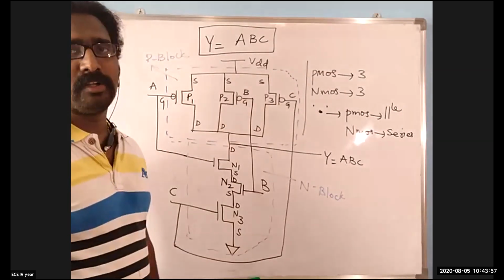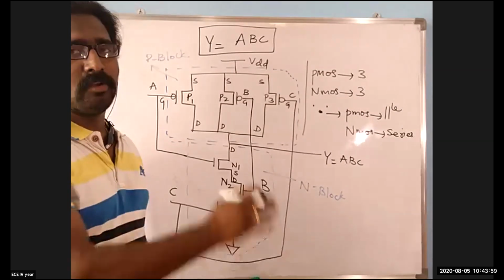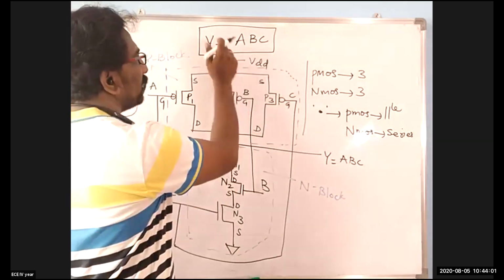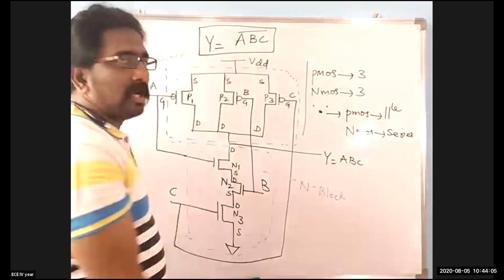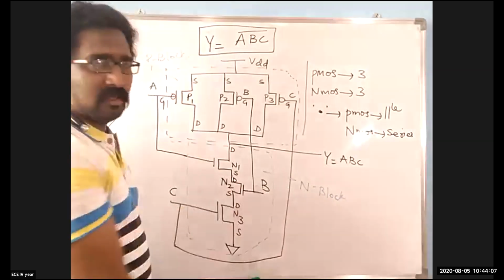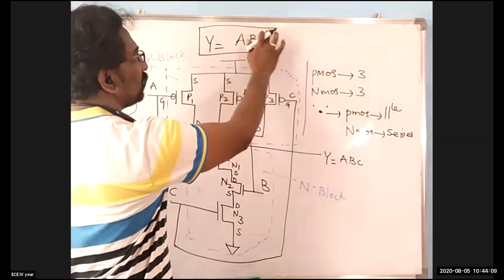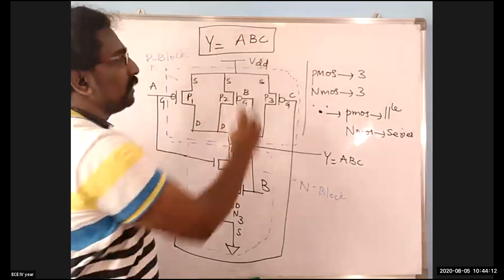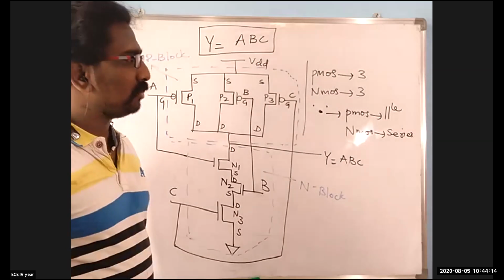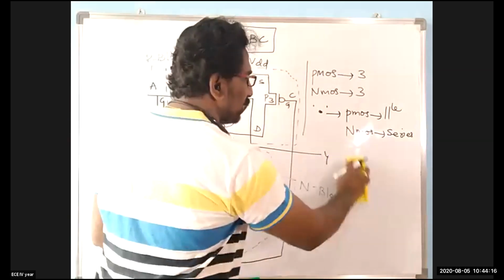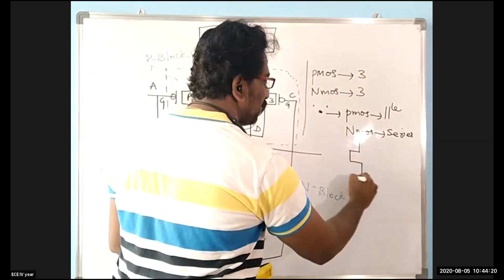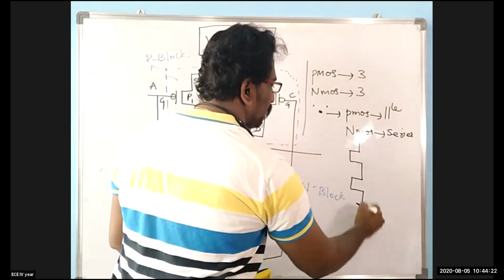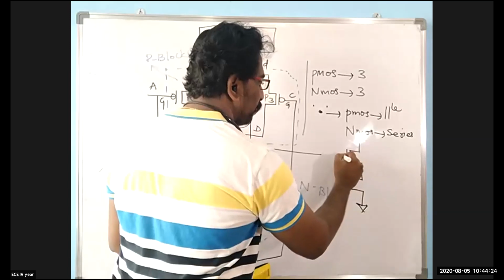The truth table will be completely opposite. If it is Y bar, or Y equal to ABC whole bar, then this circuit is perfect. But if there is no bar or negation on the top of the Boolean equation, you are supposed to construct one CMOS inverter here. If you don't, your circuit is completely wrong.